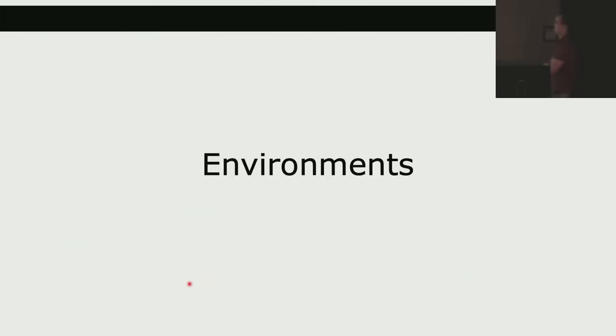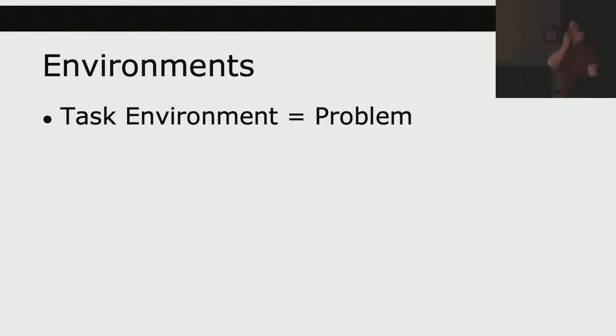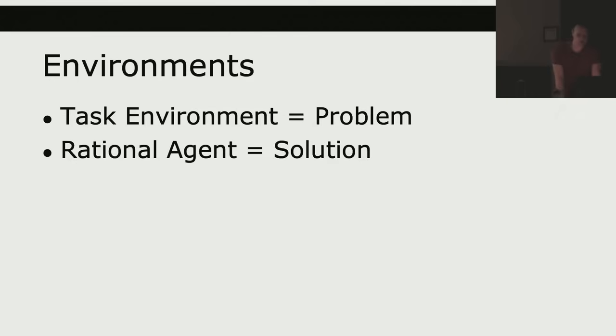Alrighty, on to environments now that we know about agents and actions and policies. The task environment is essentially the problem. When you go to solve a problem, you're essentially defining the environment in which you'll take actions. A rational agent for that problem is going to be the optimal solution to that problem.